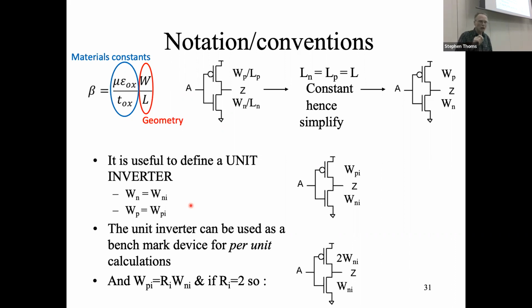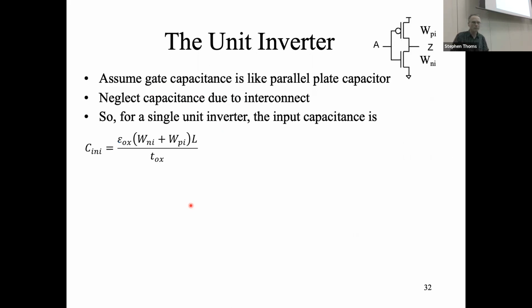So that ratio RI, we've discussed that last week. It's typically round about 1.5 or 2. 2.7 would match the gains exactly, but you tend to go slightly smaller, so you have a compromise between the size of the circuit and the perfect matching. So let's assume RI is 2 in that situation, but we'll keep it as another parameter.